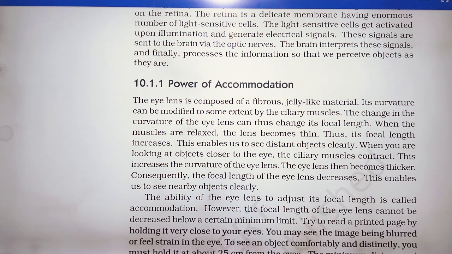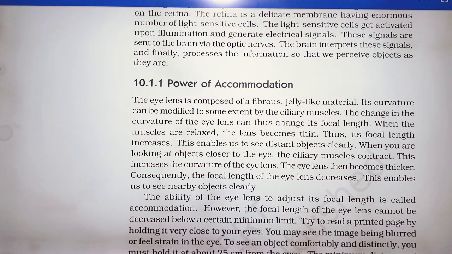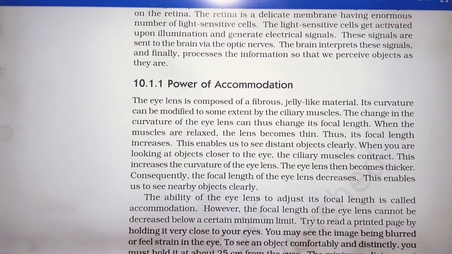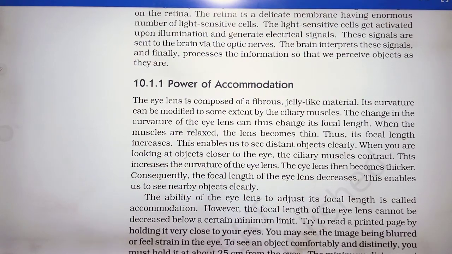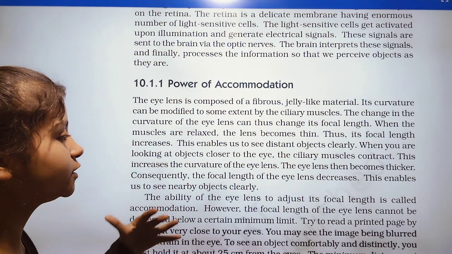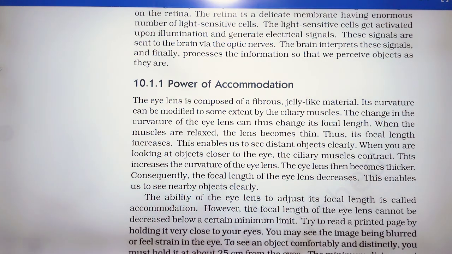This enables us to see distant objects clearly.